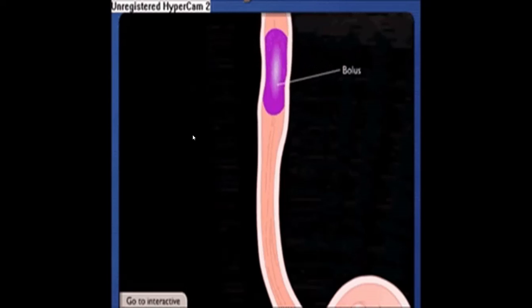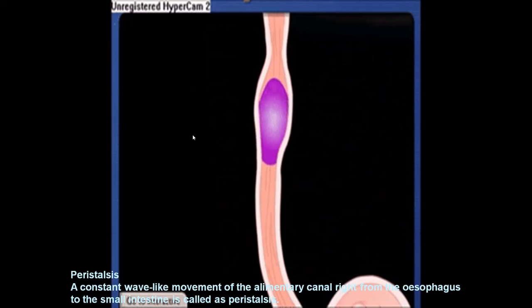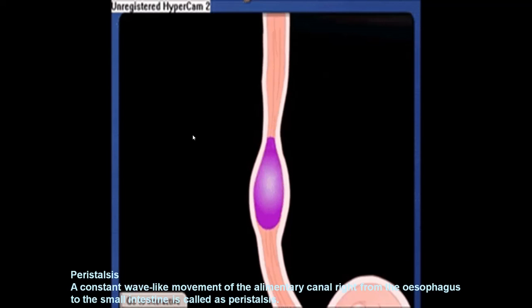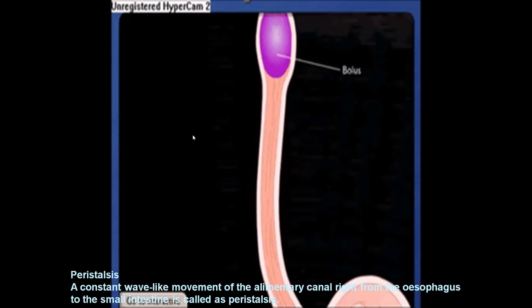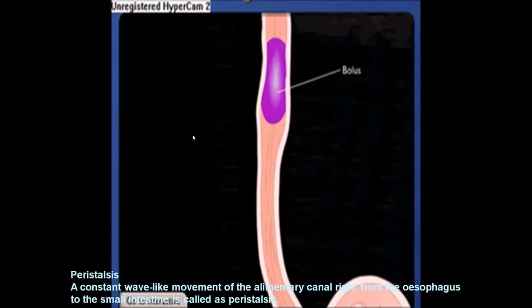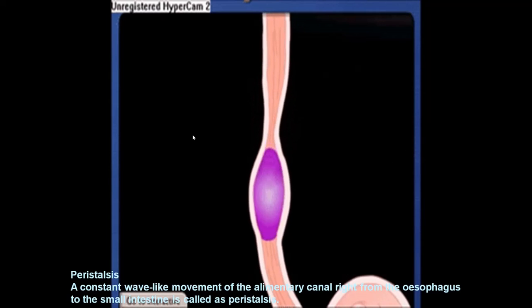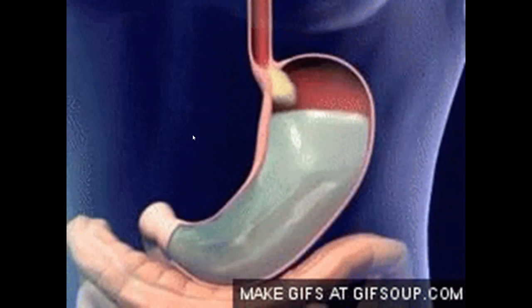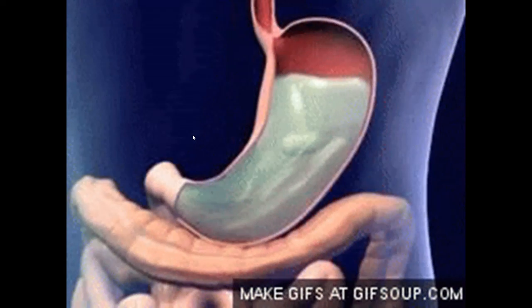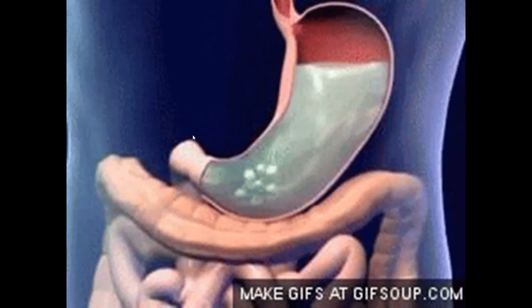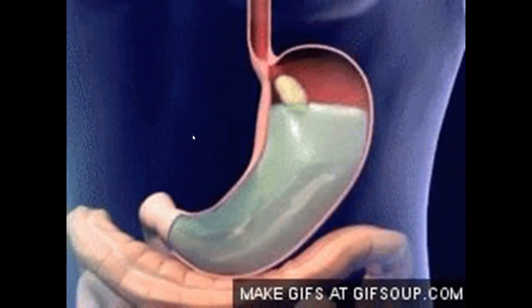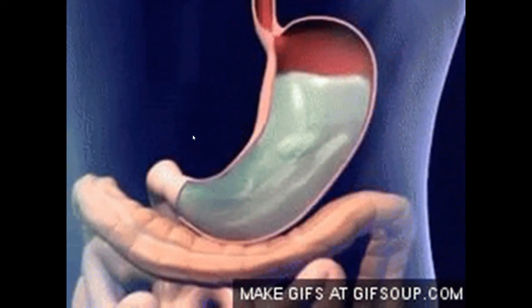Such a movement is termed peristalsis. This is a constant wave-like movement of the alimentary canal right from the esophagus to the small intestine, and it is called peristalsis. Just now you have seen how the esophagus passes the food to a bag-like structure called the stomach.